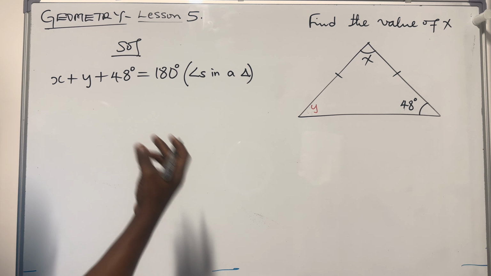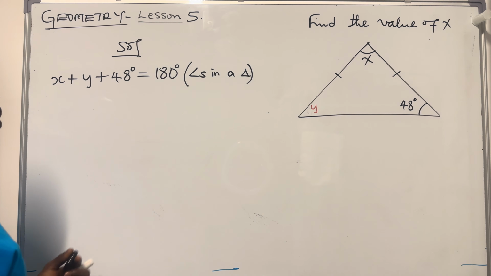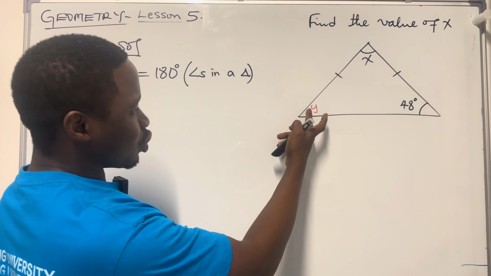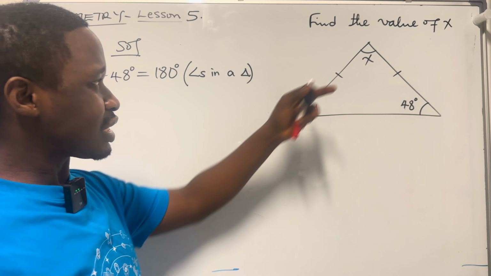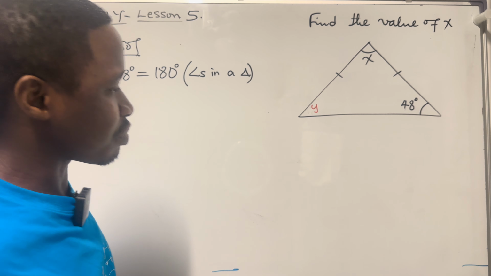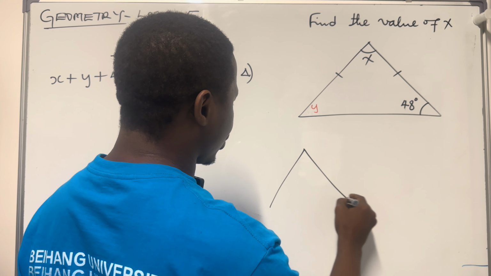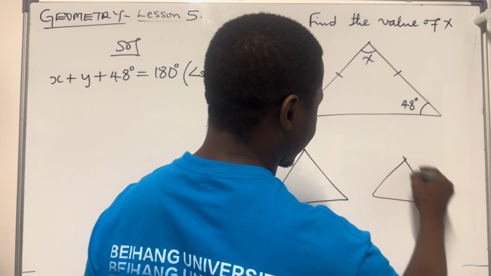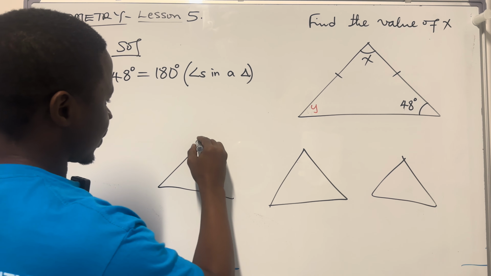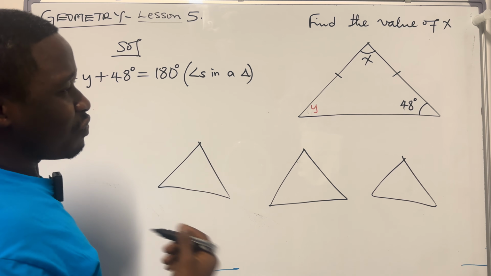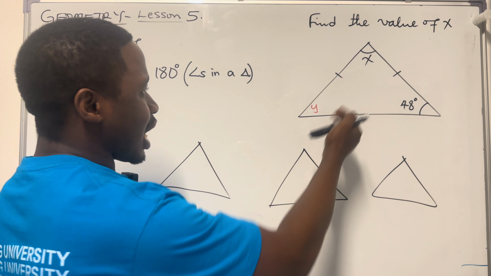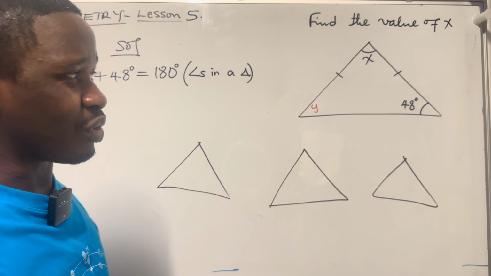But how can we find the value of x when there is also another unknown? So we need to know what should be here. First of all, let's try to know what type of triangle this is. Now let's make use of three triangles here. First of all, this triangle is an isosceles triangle.